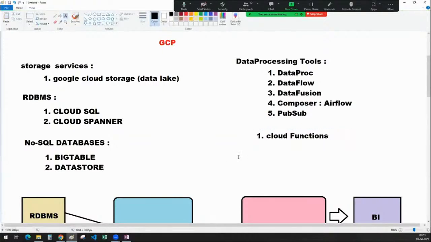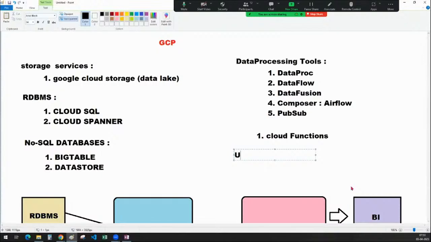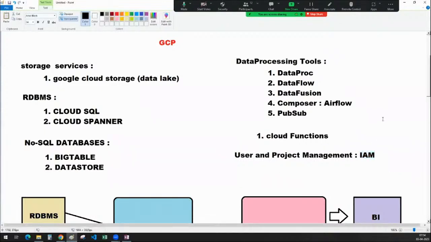And if you want to manage identity and access management, user and project management, that's where you have a very big tool, available in all the cloud platforms. That is IAM, guys, very important.